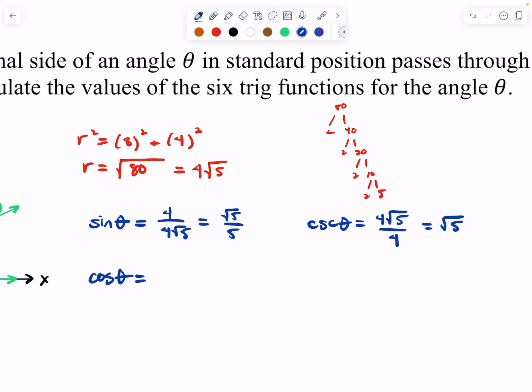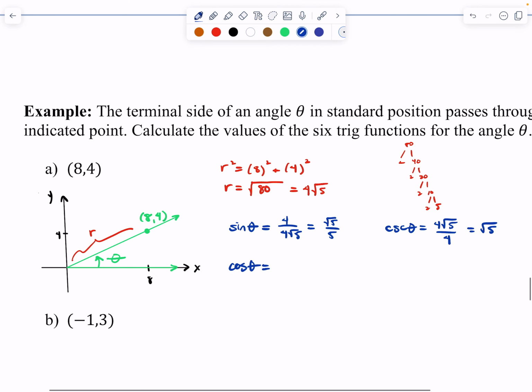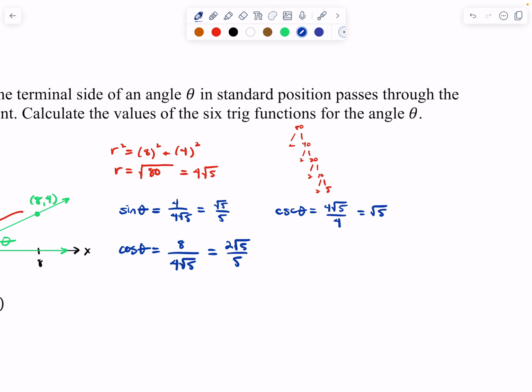Cosine theta would be x over r, so 8 over 4 root 5. Okay, or that would end up, if we rationalize the denominator, being 2 root 5 over 5. And the reciprocal of cosine is secant, which would be 4 root 5 over 8, or root 5 over 2.